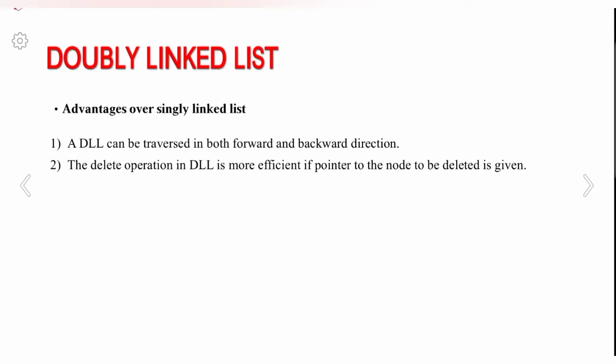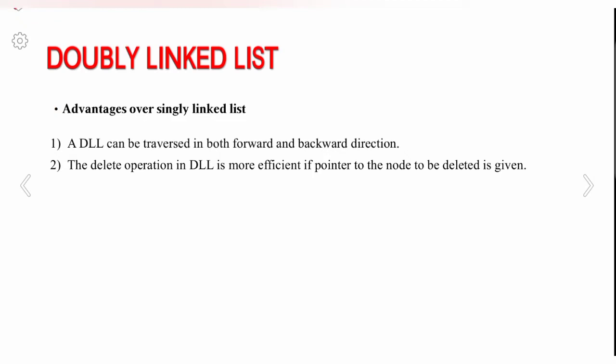In the case of a singly linked list, if you are traversing from the starting of the linked list to the ending, from the head to the tail, then you can visit every node only once, and we cannot travel backward, right? But in the case of a doubly linked list, you can travel in the forward and backward direction.